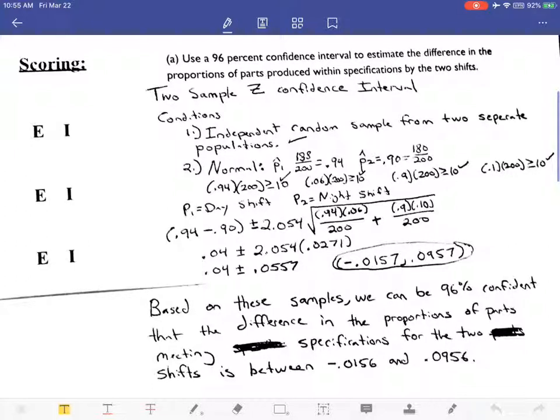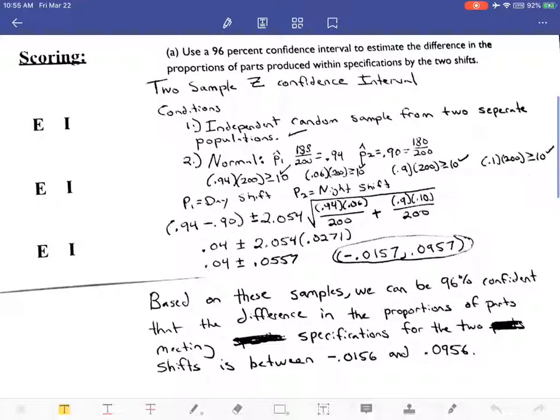And since we have 2 different samples, right here and right here, we're going to have 4 different calculations total for that.